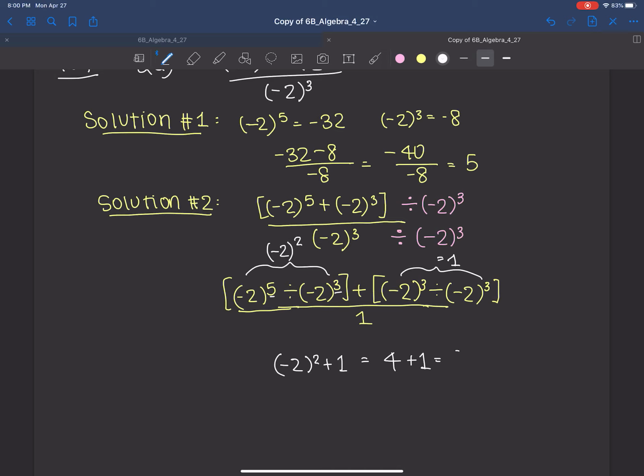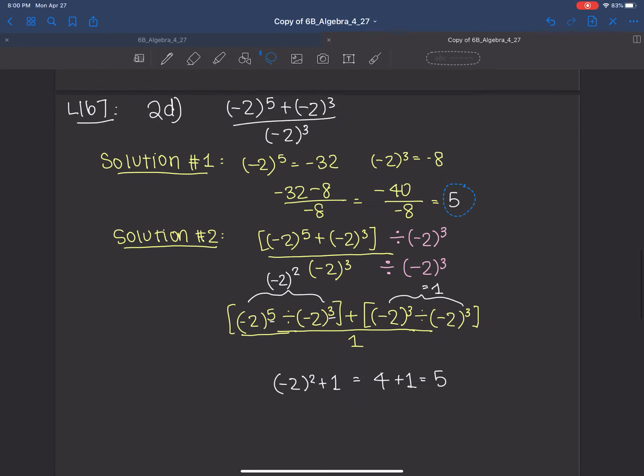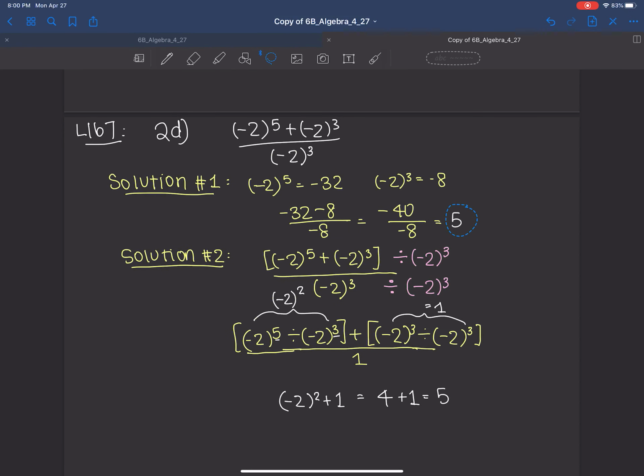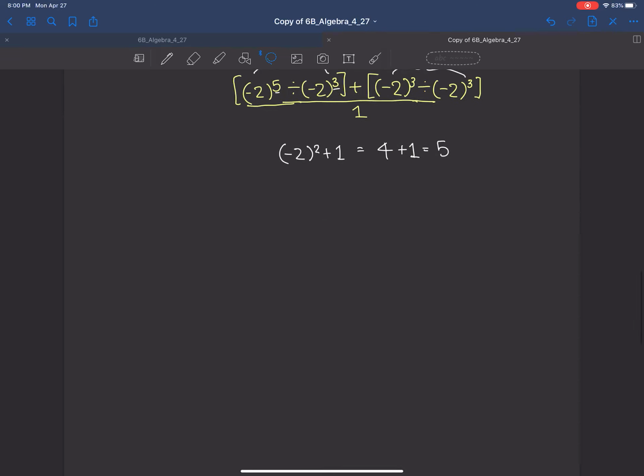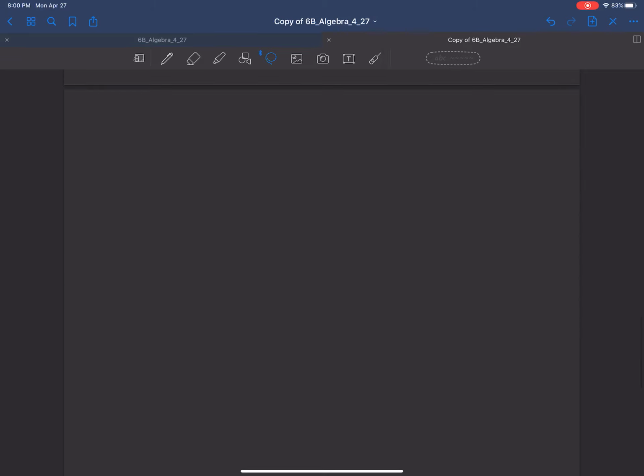And now that's 5. So same solution, got it 2 different ways. Both are equally valid. Okay. So now's a good time to pause and look at the 2 types of solutions if you'd like. Otherwise, we're going to move on to lesson 168.